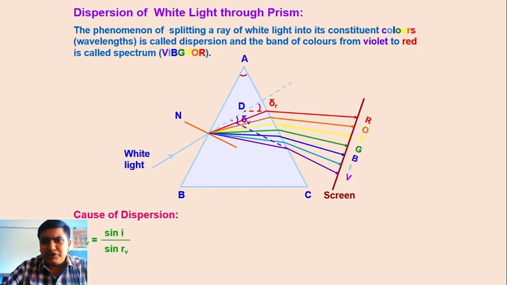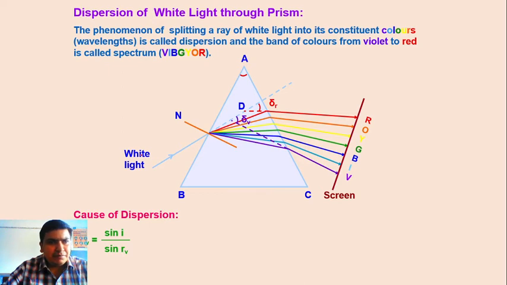The cause of dispersion is that each color has a different velocity and wavelength. Corresponding to that, the prism material provides a different refractive angle for different colors, so the refraction of each color is different, and hence we get the phenomenon of dispersion.